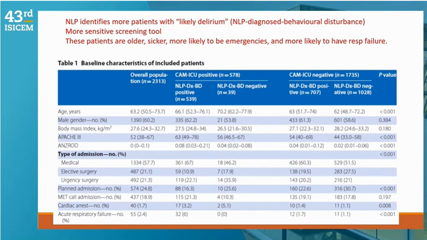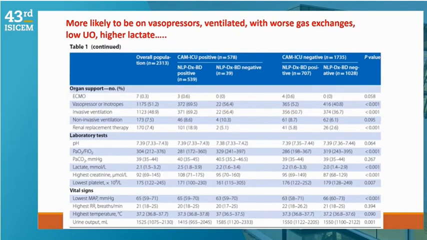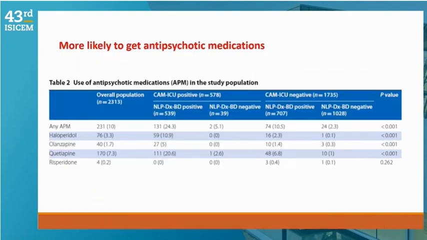So this approach diagnoses people by using words that have got some characteristics that would put them in the high likelihood of having delirium. And you can also see that using these words, you identify people that are more likely to be ventilated, have a worse gas exchange, a higher lactate. So it has some degree of clinical validity in terms of identifying such patients.